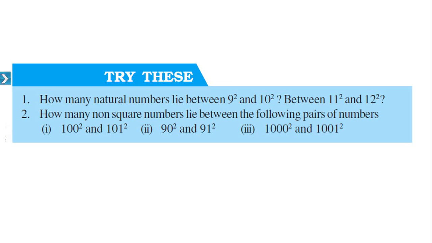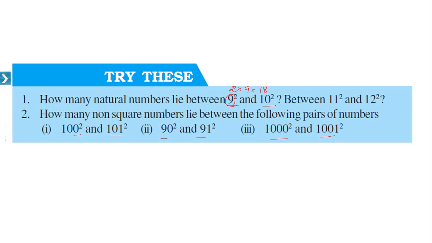Now try this. How many natural numbers lie between 9 square and 10 square? Here there is no need of counting. You have to remember the formula, that is 2 into the first number. First number is 9. 2 into 9, that is 18. And in a similar way you have to find how many natural numbers are there between 11 square and 12 square, 100 square and 101 square, 90 square and 91 square, 1000 square and 1001 square.